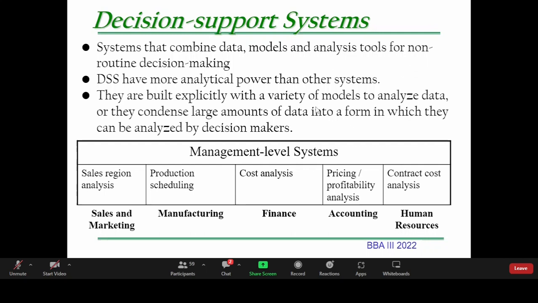They condense large amounts of data into a form in which they can be analyzed by decision makers. The decisions they make include sales region analysis, production scheduling, cost analysis, profitability analysis, contract cost analysis. In accounting and finance, you've covered some of these, like profitability analysis, contract cost analysis, and cost analysis. Production scheduling you've seen in EPM, elements of production management.